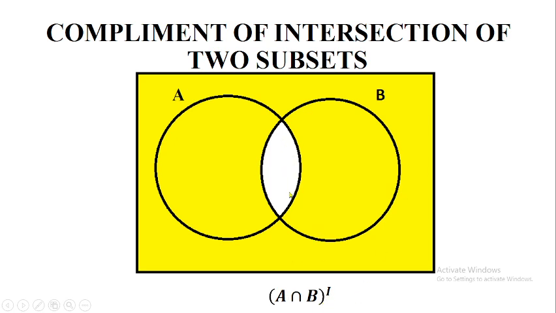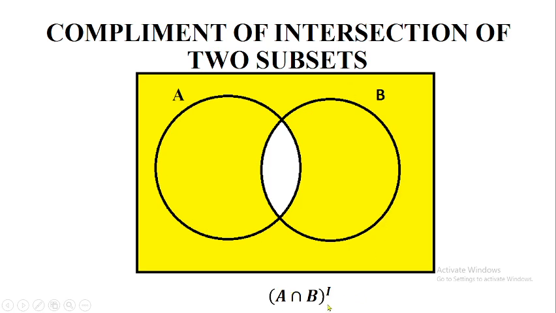That is, A intersection B is not part of the elements in this colored portion, as you can see clearly. This place is white, so the rest are colored. So all the elements here are (A intersection B) complement, because A intersection B is not part of the elements in the colored area. I hope you understand that now.